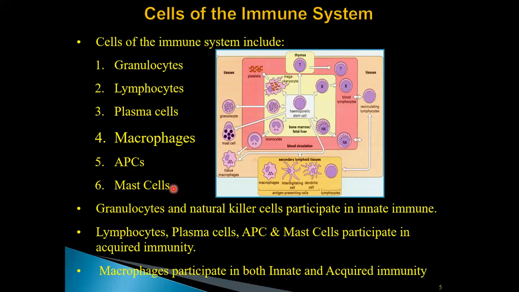Okay. Now, granulocytes, meaning neutrophils, basophils, eosinophils, and natural killer cells, which are large lymphocytes, they are part of the innate immune system. Remember, innate immune system or non-specific immune system, the cells included in the system are the granulocytes, all three.